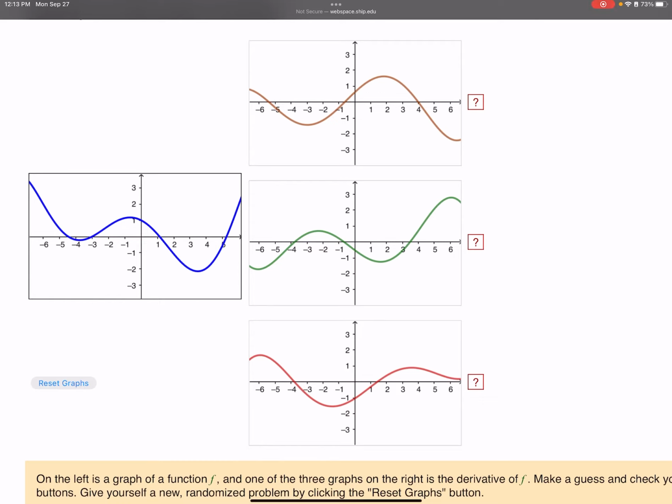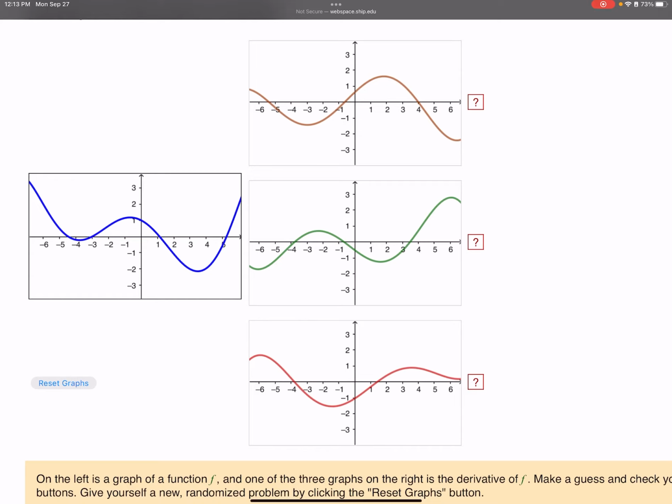Then the next thing I'm looking at is that this part is decreasing. Because this part before -4 is decreasing, I'm expecting the graph of the derivative to be in a negative quadrant. You can see right here, this is a positive quadrant, these are negative quadrants. So for those of you who said 2, that is correct.